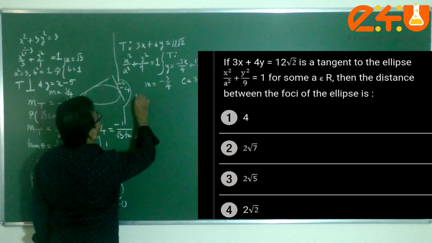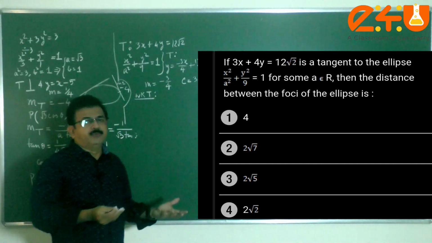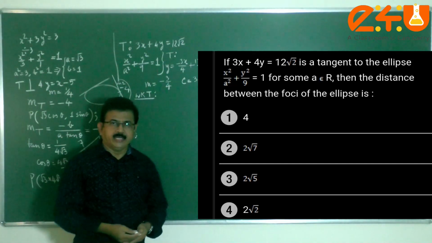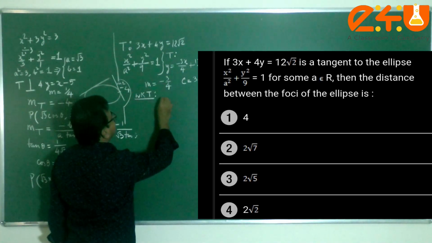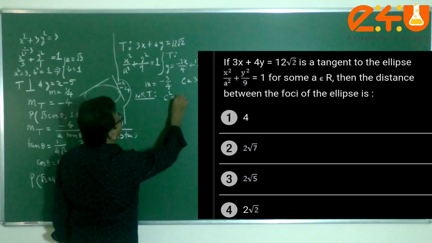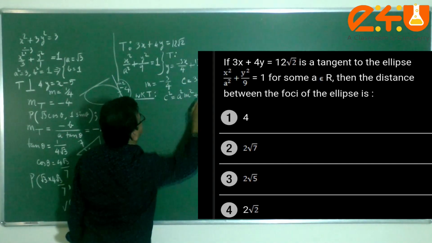We have given sufficient foundation for the theory on the JEE concept. The condition for the line to be tangent is c square must be the same as a square m square plus b square.